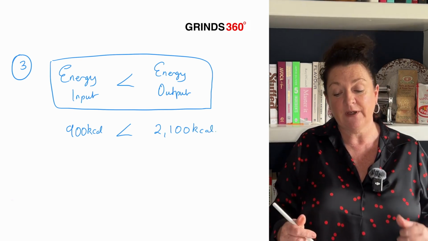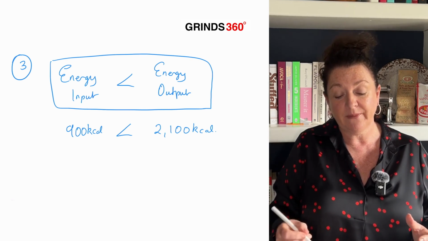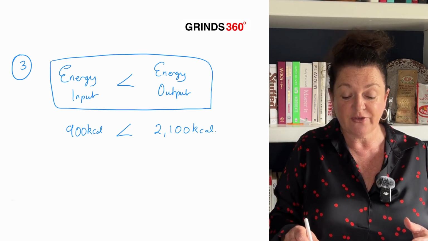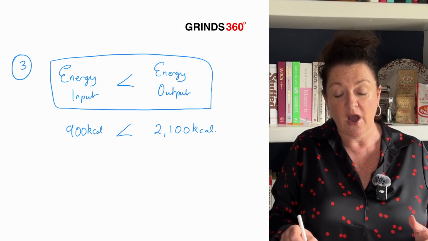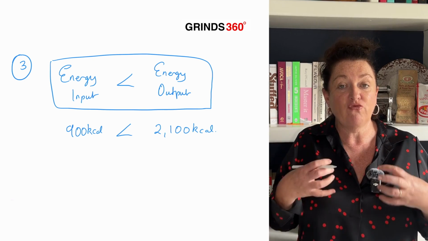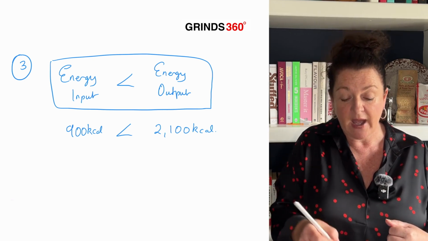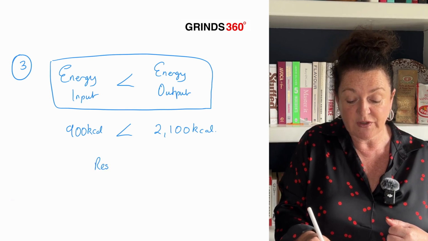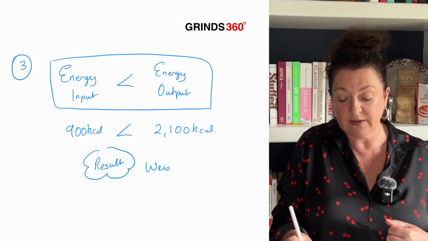There's a significant difference here. So what's going to happen? Where are we going to get the extra energy for our BMR and for our activities? Obviously, it's going to come from the reserves of adipose tissue beneath our skin. And the result over time is that there is going to be weight loss.